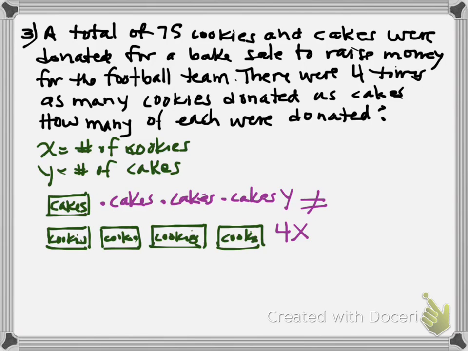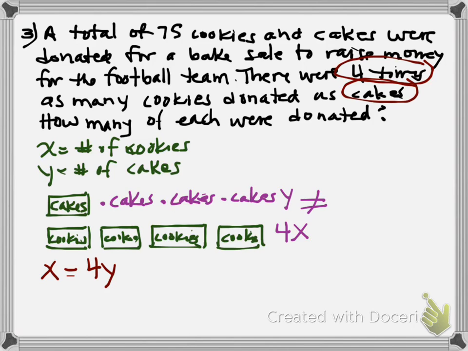So that says that with the number of cookies, which we chose to be X, it would take 4 times the number of cakes to make them equal. So that's how we're taking, and again what we did, we took the 4 times and we multiplied it by the guy at the end.